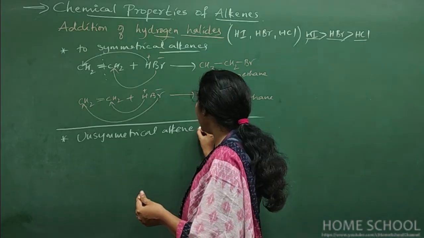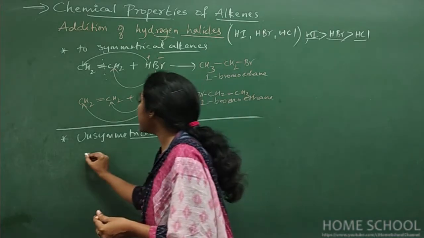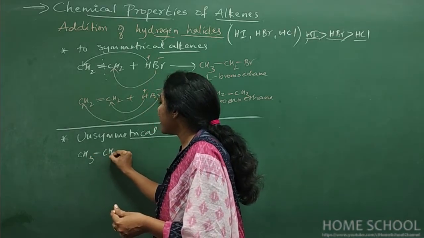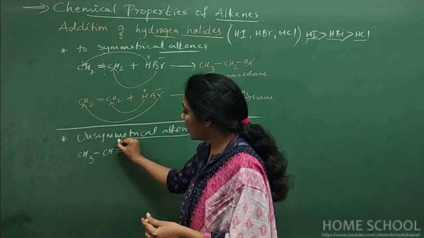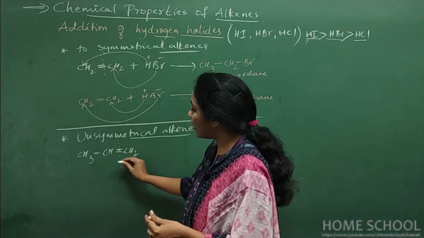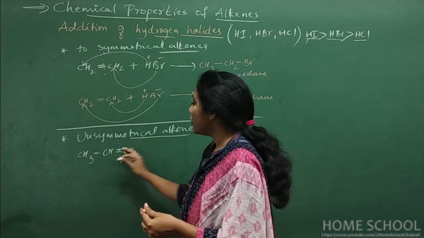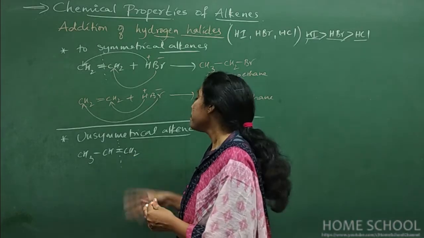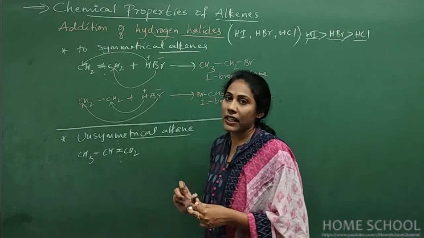Such an alkene is called an unsymmetrical alkene. The best example is propene. Observe here, CH3, CH double bond CH2. If I cut here, I'm not getting two equal groups, right? This side has a 2-carbon group and this side a 1-carbon group. So this is called an unsymmetrical alkene.